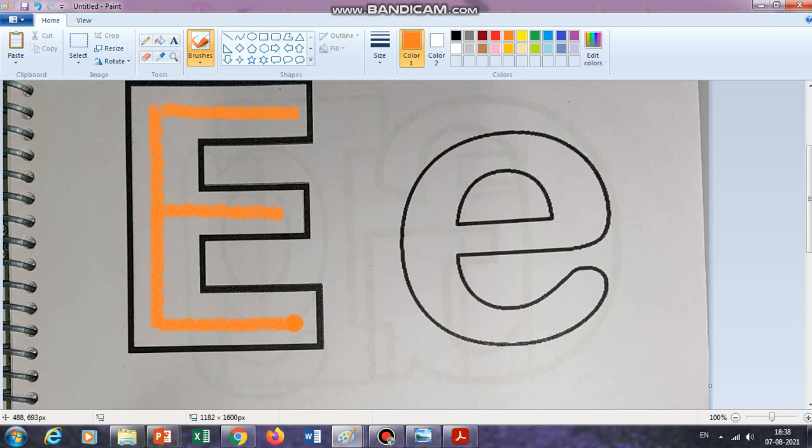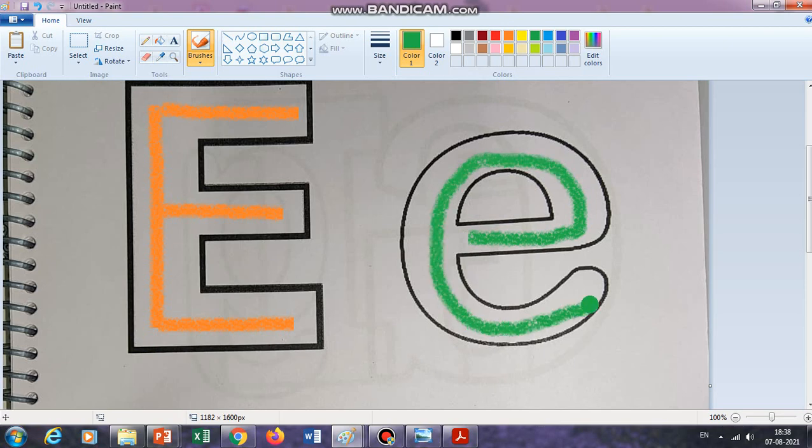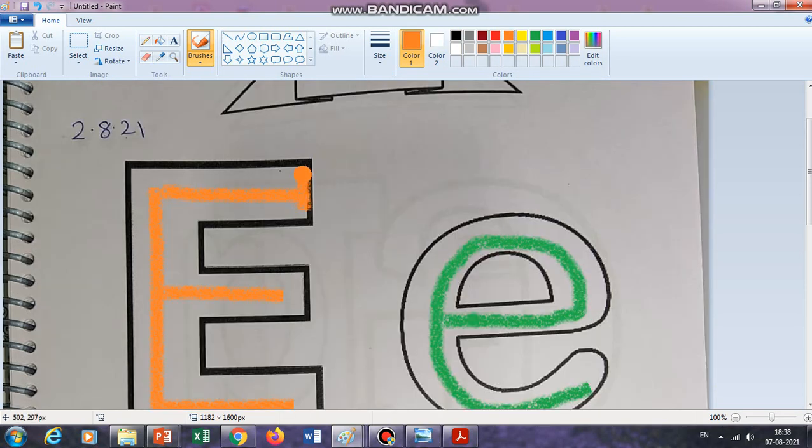One more sleeping line, that is capital E. And for small e, a sleeping line, go up and make a curve, E. Now let's make the border and color the block of letter E.